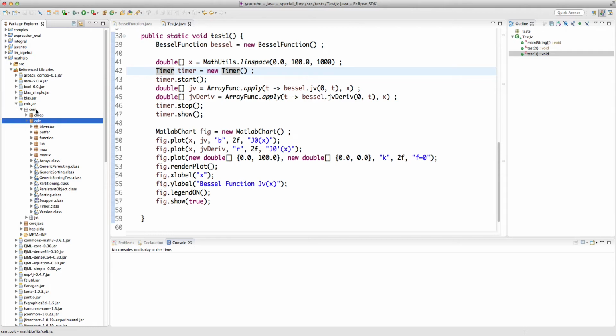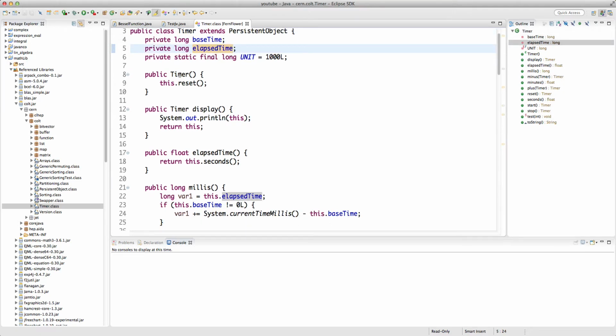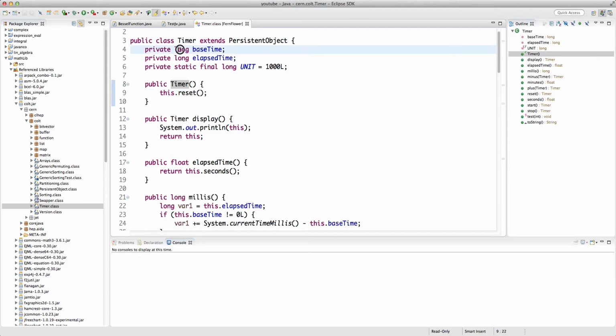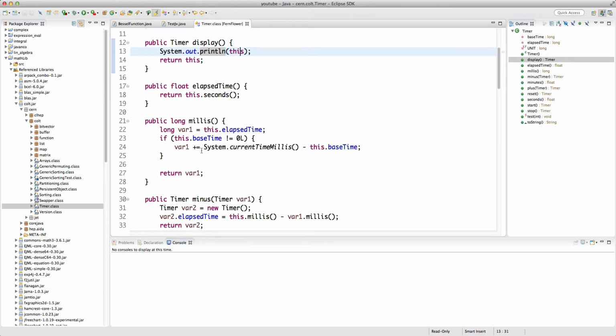So in the cern colt timer, this is very similar to the timer that I have written. It has a base time, elapsed time, and when you create a timer, it just resets it for no particular reason. We already know that the long variables are already initialized to 0 anyways, and then when it calls display, it just prints this. So it calls the toString method.